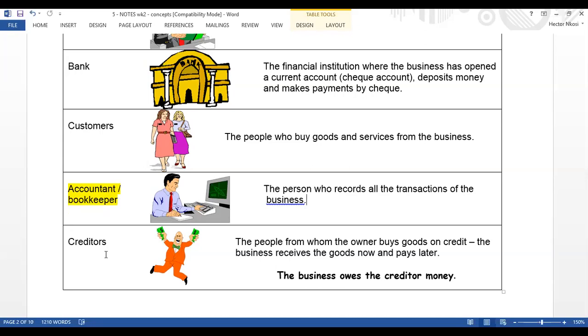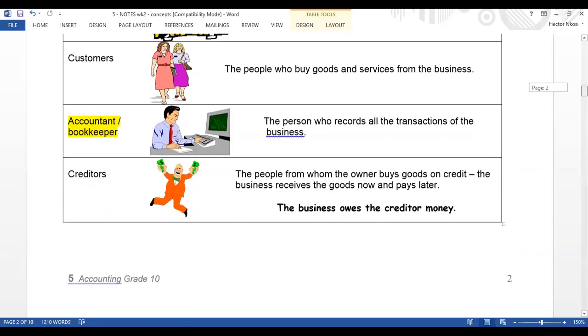I'll pay you after 60 days or after 30 days. Then the creditor will do something for me and my stock will get delivered on time. They are the people from whom the owner buys goods on credit, the business receives the goods now and pays them later, basically. The business owes the creditor money, right?